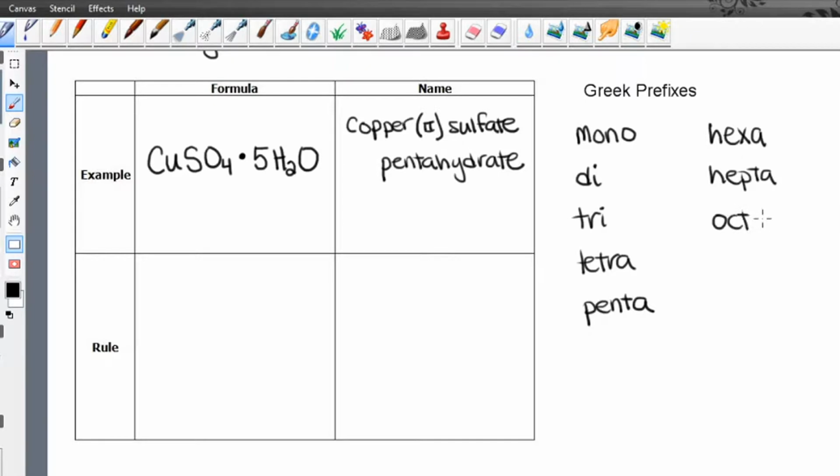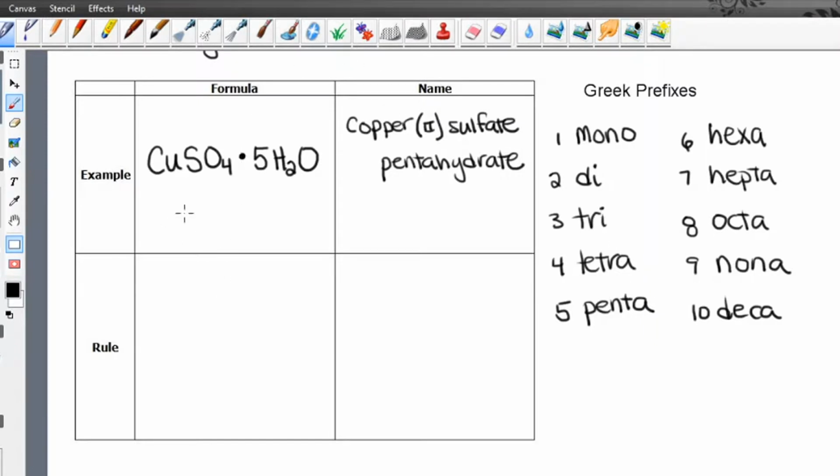Octa. Some of these will sound familiar from geometry. Nona. Deca. So we only need to know 1 through 10. So 1, 2, 3, 4, 5, 6, 7, 8, 9, 10. So those are our prefixes.